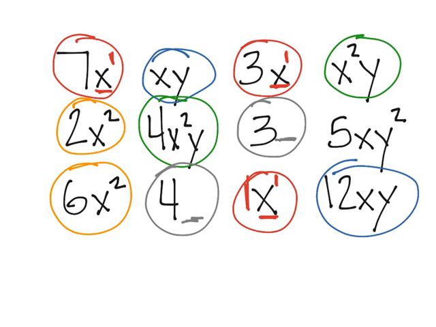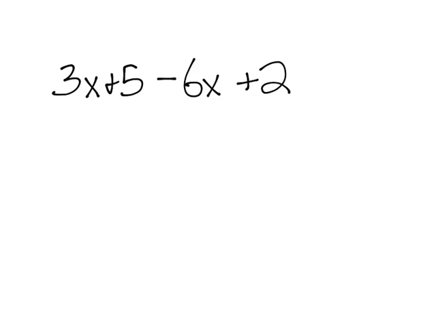Not having a variable is the same thing as having matching variables with the same exponents. It simply means that they can be combined. You'll notice that 5xy squared does not have any like terms because there is not another xy squared variable set anywhere in our grid.